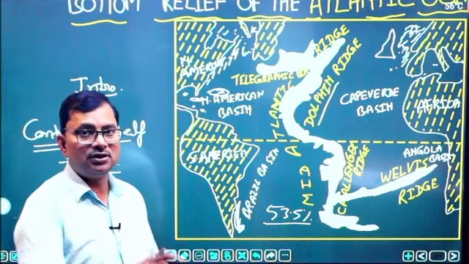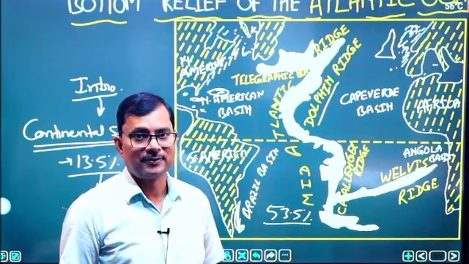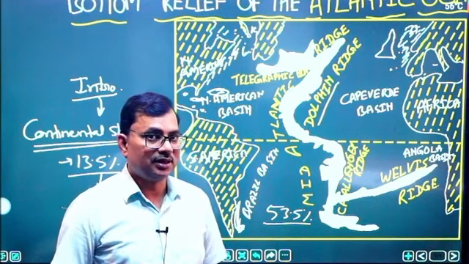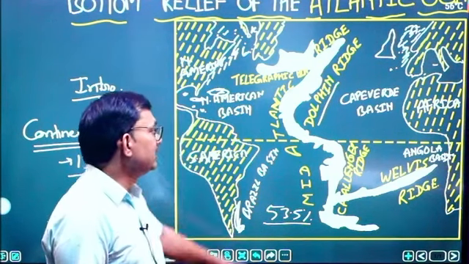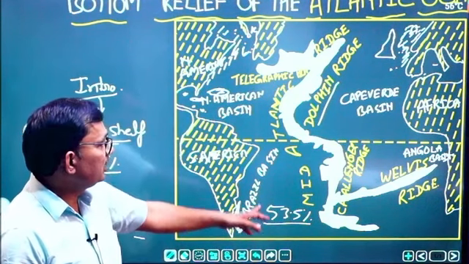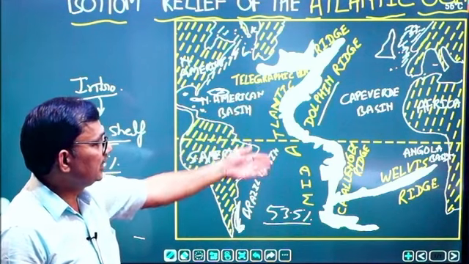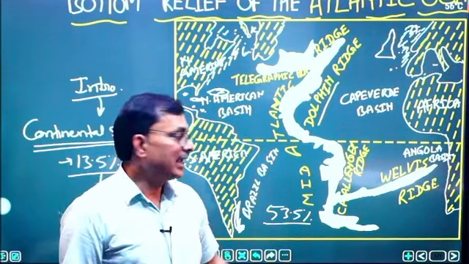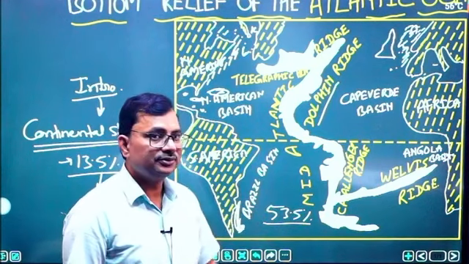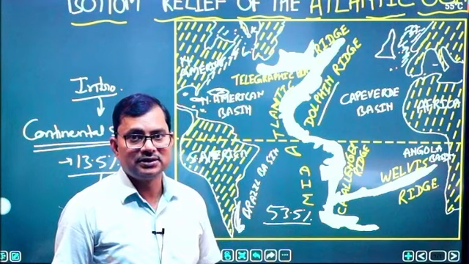In comparison to other oceans, no doubt this number is very less, but no problem. Some other striking features are there, and that striking feature is ridge. In its mid part, mid-Atlantic ridge is there, and no doubt it has two parts, Dolphin and Challenger.